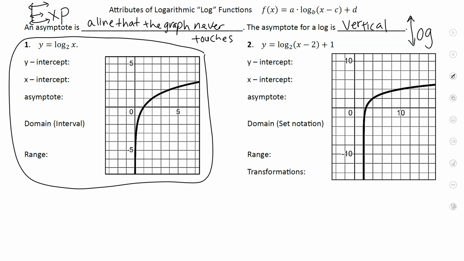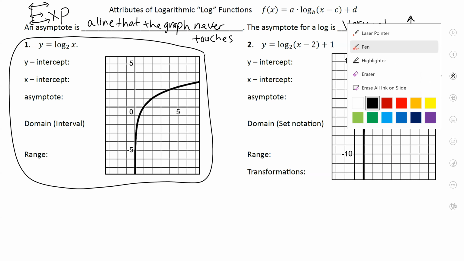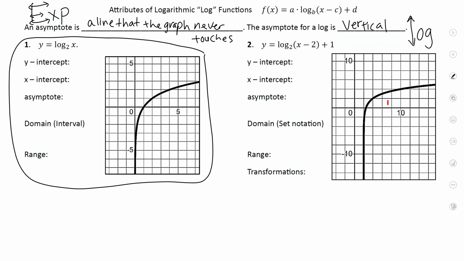So let's look at our very first example. We have the parent function, and I'm going to draw the asymptote for you. The asymptote is vertical, and it is right here. Everyone draw the asymptote. Everyone draw the asymptote for this one as well.